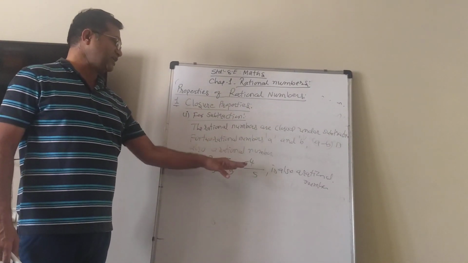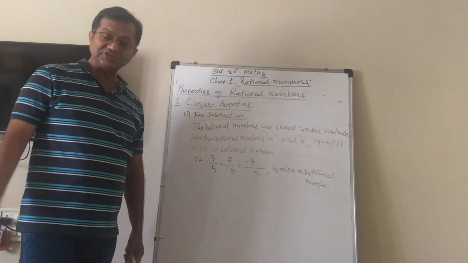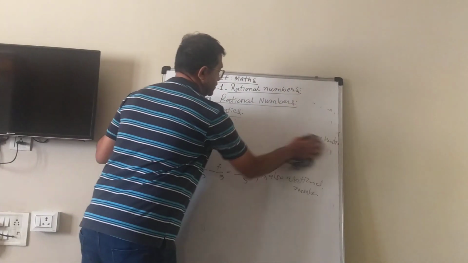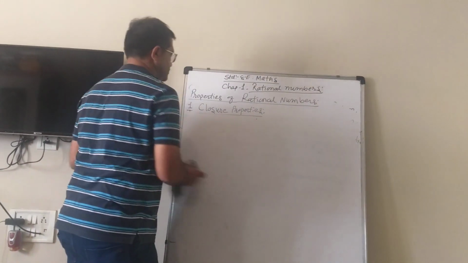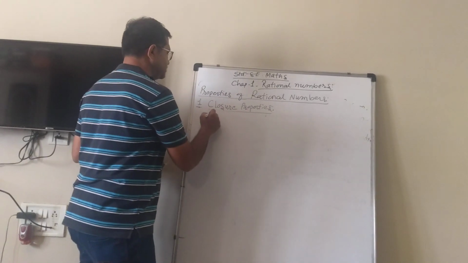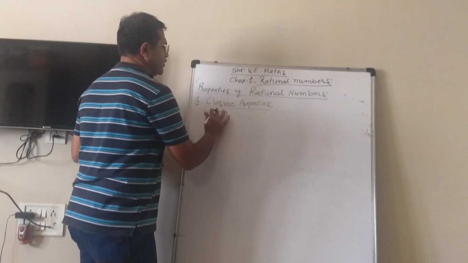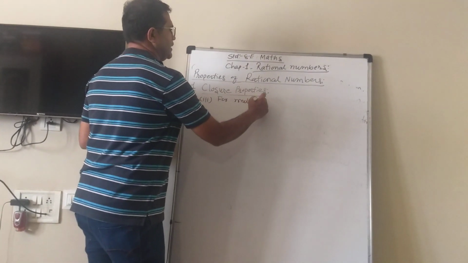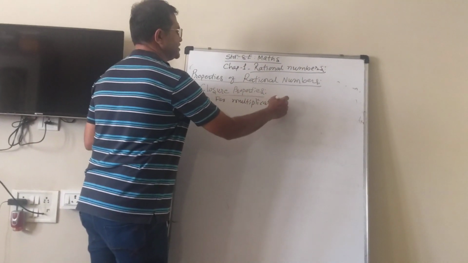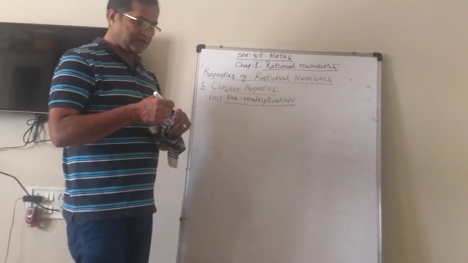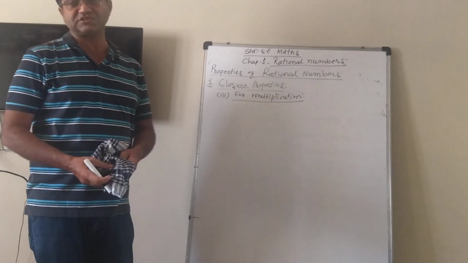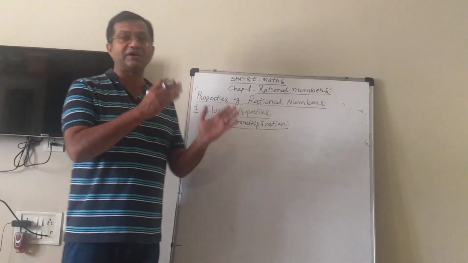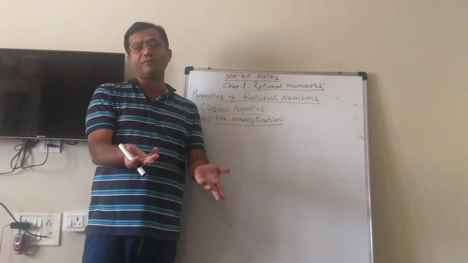Now we will check for the third operation, which is multiplication. When we multiply two rational numbers, we know that rational numbers are the same as fractions, in which we multiply numerator with numerator and denominator with denominator.